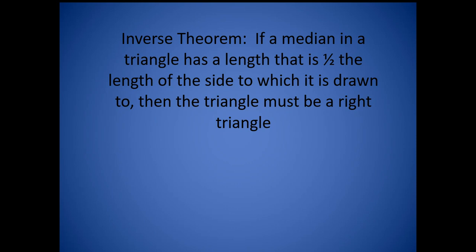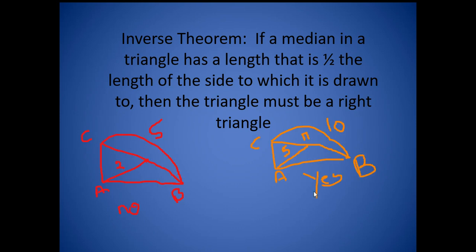Because the median, which I can name AM, is equal to half of CB. The median is equal, listen to me, to half of the side drawn to, not half of the hypotenuse, because it's not yet a right triangle. When it's a right triangle, I can use the word hypotenuse. So in the first figure it's not a right triangle because the median is not equal to half of the side drawn to. In this one, yes.